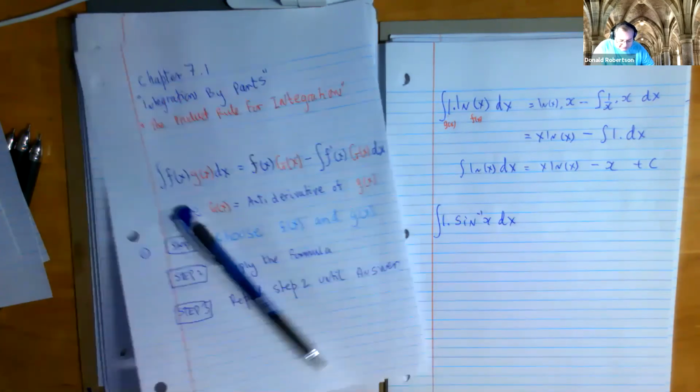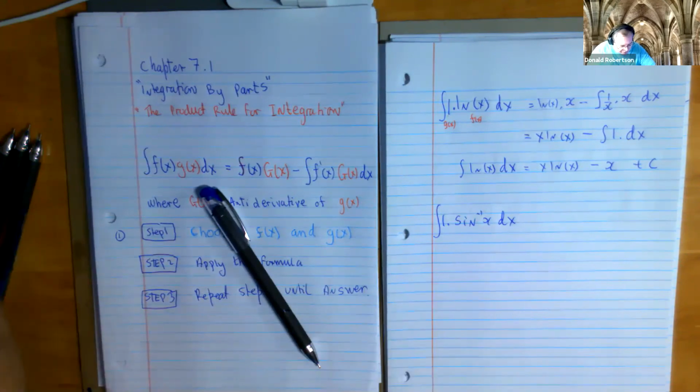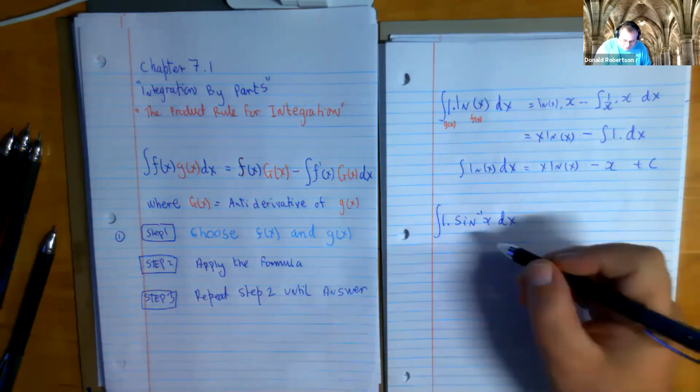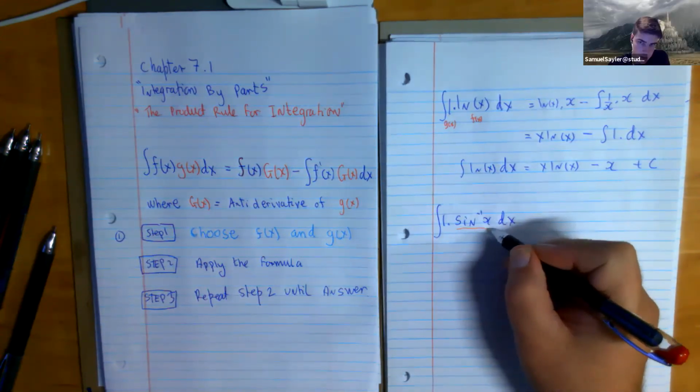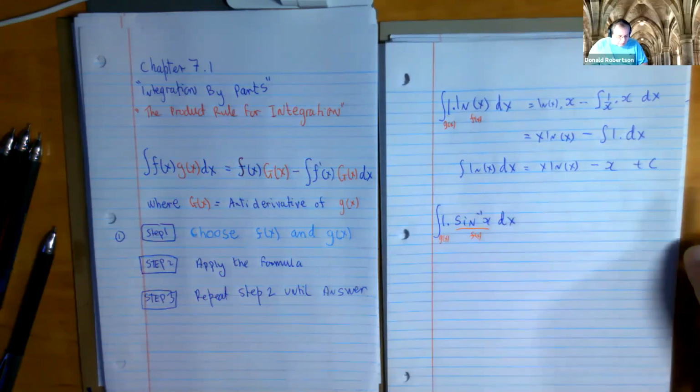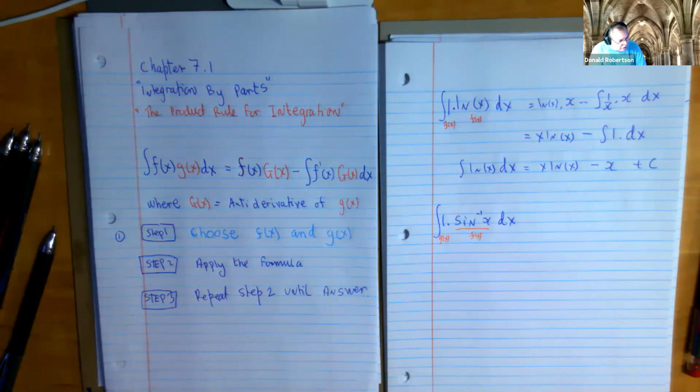And I'm going to pick who as my f of x? Sine inverse. Remember my rule at the beginning of today, if you don't know how to integrate it, make it your f of x. That's the rule I'm using.